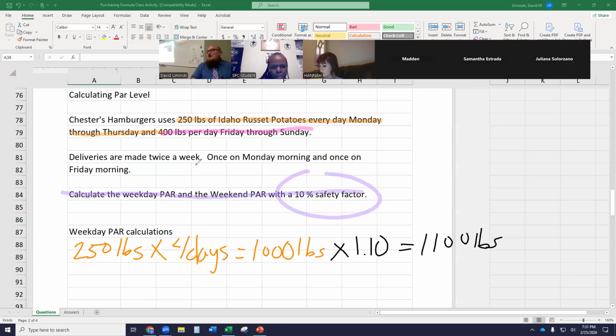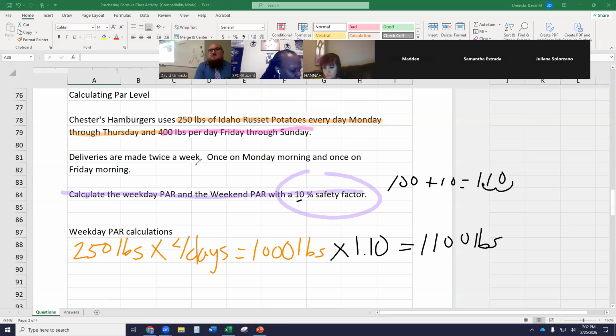If you want to think of it a different way, if we add 10%, what's 100 plus 10? 110. And then we move that decimal place over 2, and that's where we get that 1.10. So that means my weekday par is 1,100 pounds.